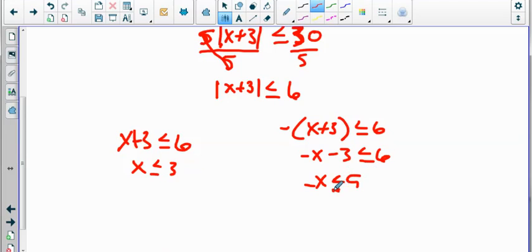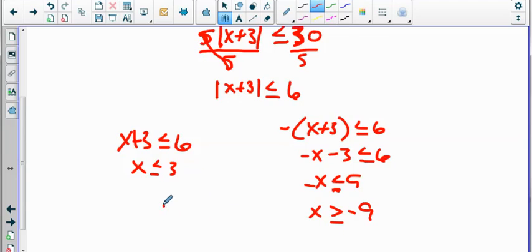All right. Now, can't have negative x, and if it's negative x by itself, the trick is to flip the inequality, make the negative jump to the other side, and I have x is greater than or equal to negative 9. Now, can you be smaller than 3 and bigger than negative 9? Can you be to the left of 3 on the number line and to the right of negative 9? Yeah, there's a bunch of numbers in between there.